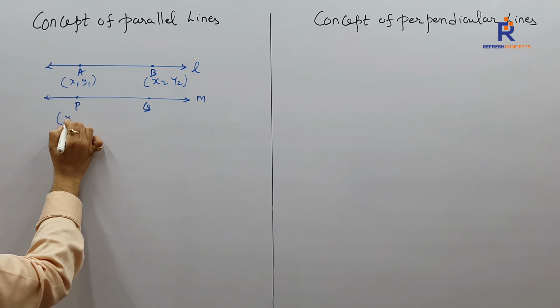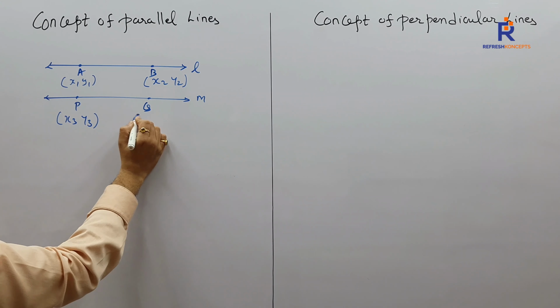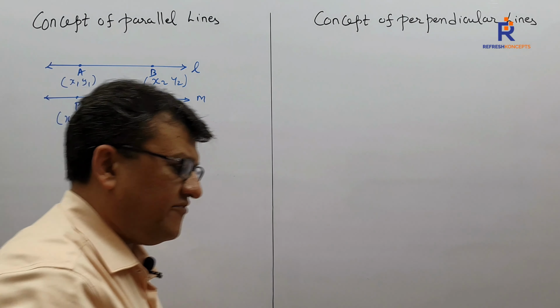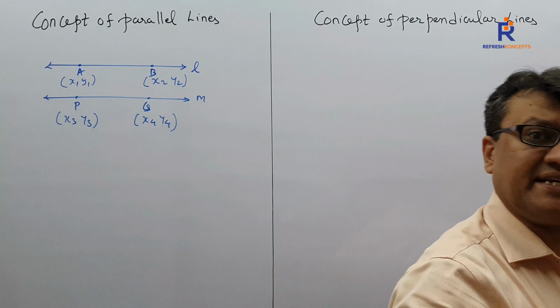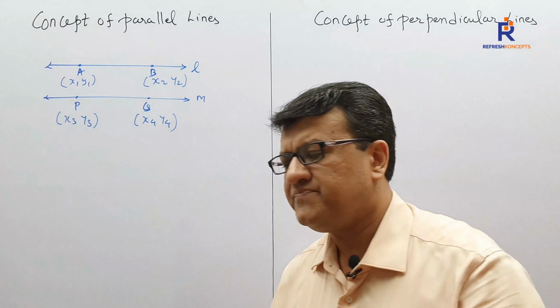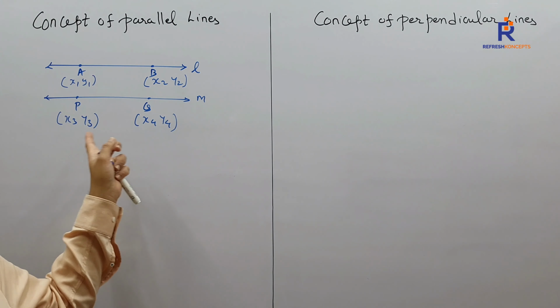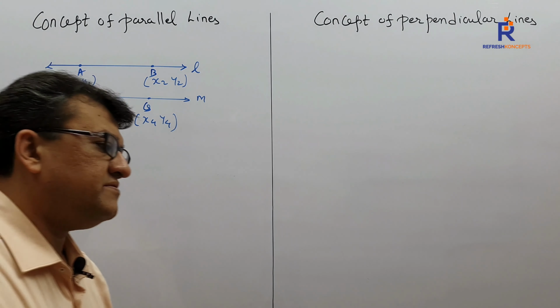Likewise, on the same lines, I shall have x3, y3 and x4, y4. So given to me is line L, which is passing through points A and B, whose coordinates are known to you. Line M is passing through P, Q, whose coordinates you are also aware of.